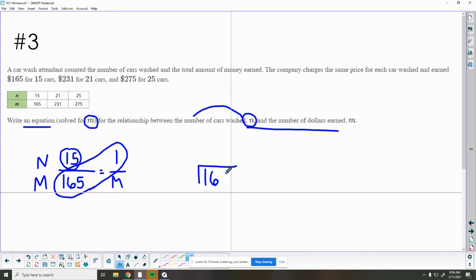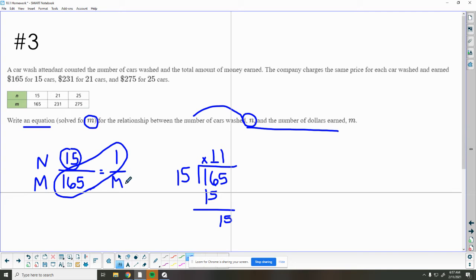So 165 divided by, whoops, not N. Divided by 15. So I can see here, it goes in here one time. So I want you to go ahead and finish that problem and then come back and we'll look at your equation. So there's 15 and another 15 is 11.